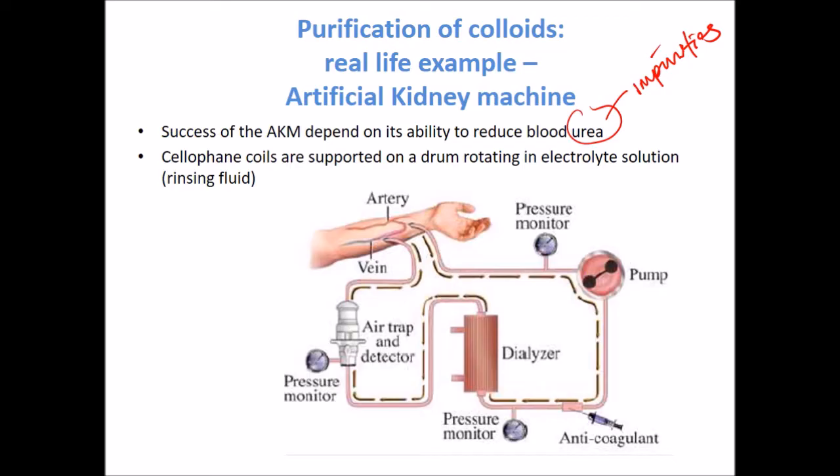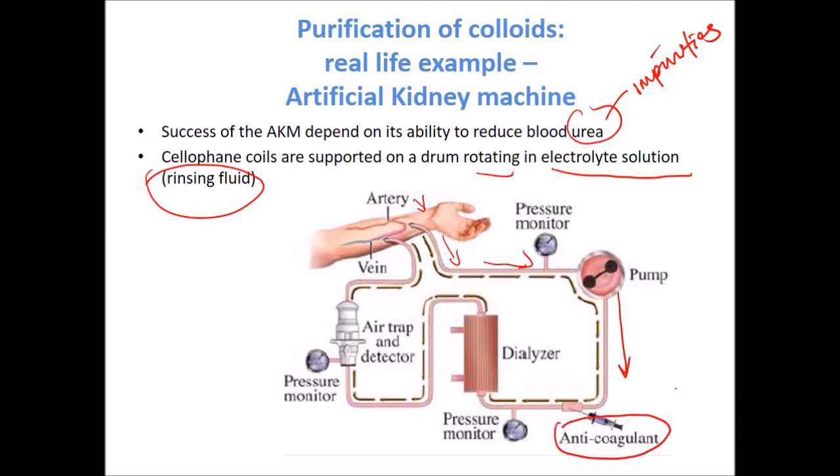The cellophane coils are supported on a drum rotating in the electrolyte solution, which is what you call a rinsing solution. Here the blood goes out, is pumped through an anticoagulant so that the blood doesn't clot, and then goes to the dialyzer with the semi-permeable membrane.